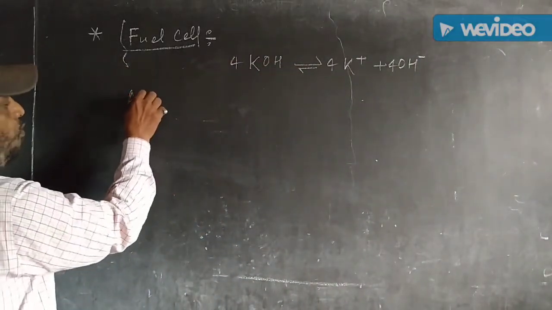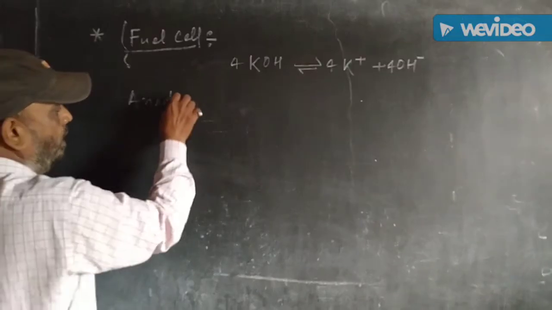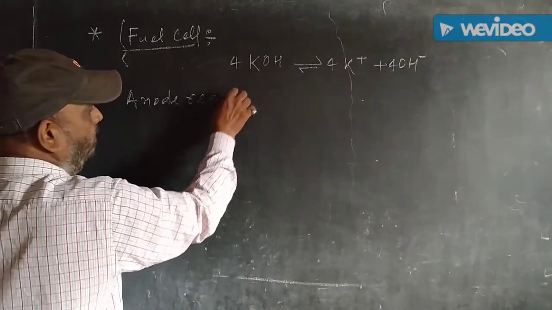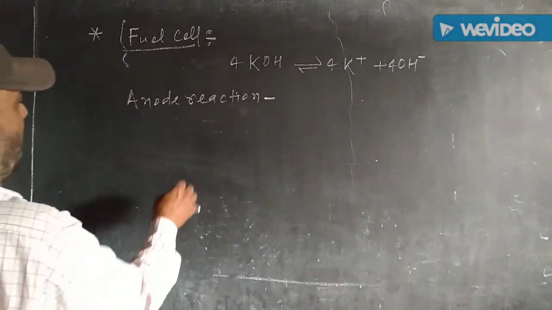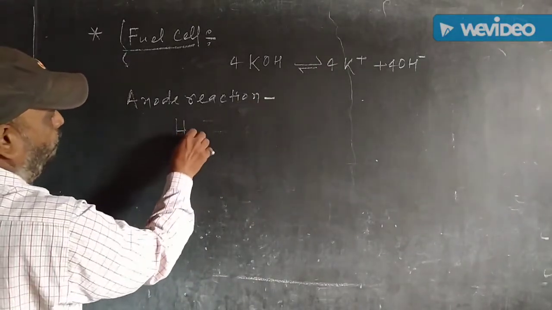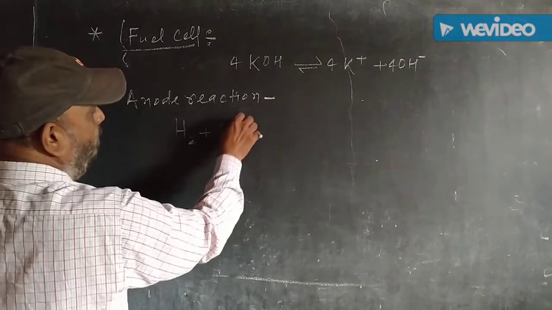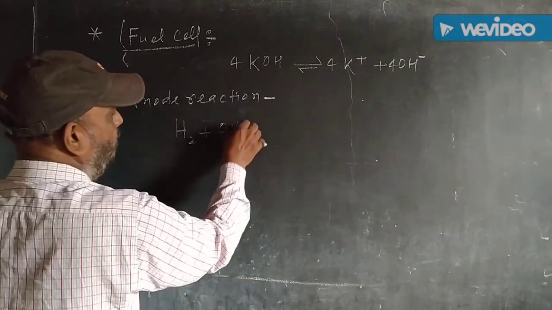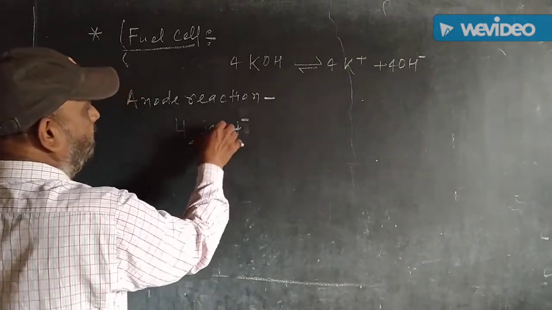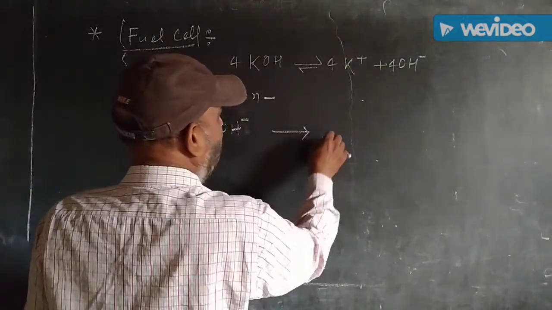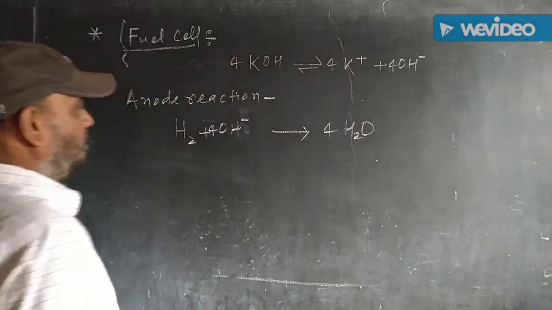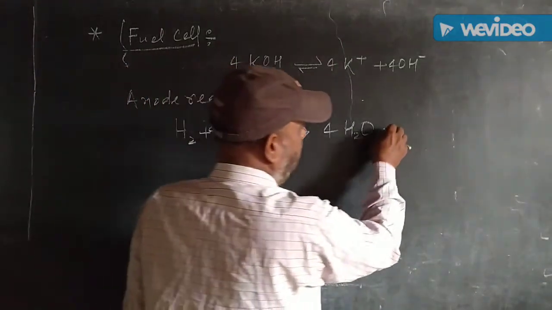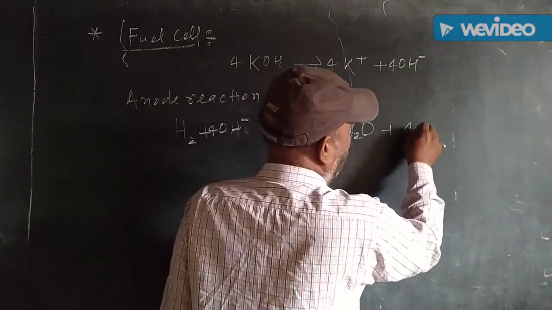In the anode reaction, H2, it is fuel, reacts with OH minus to give 4H2O and 4 electrons.